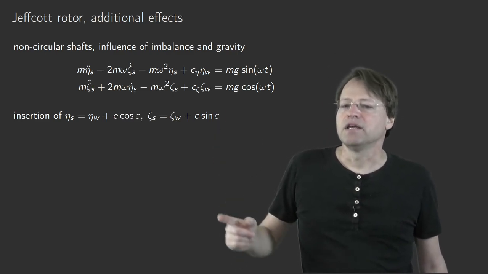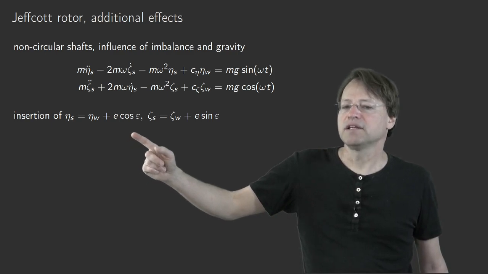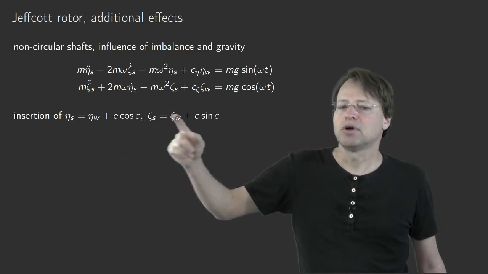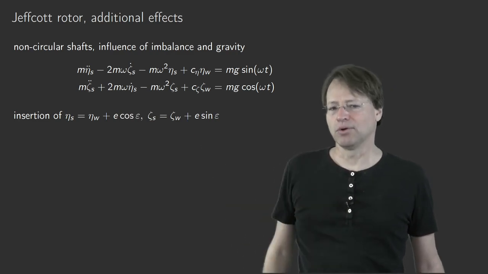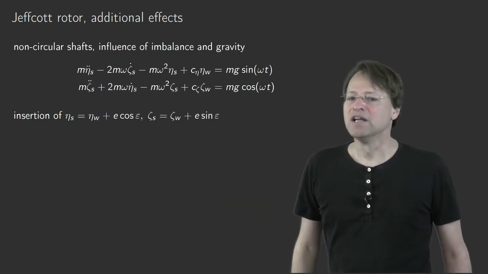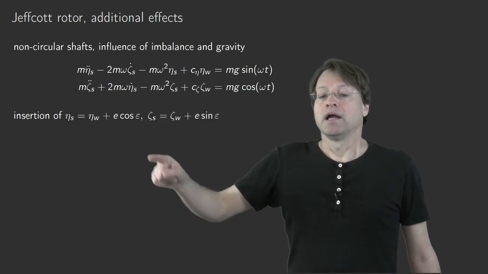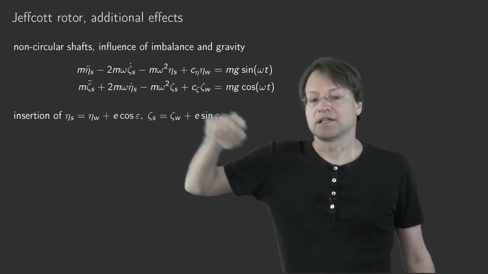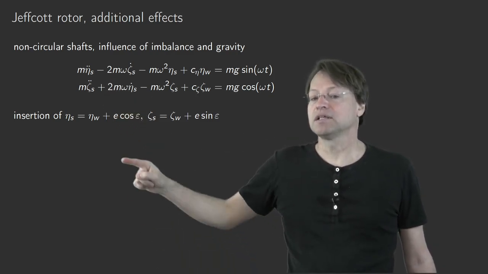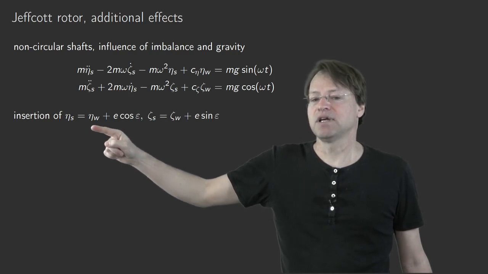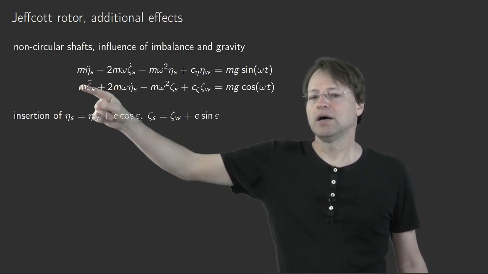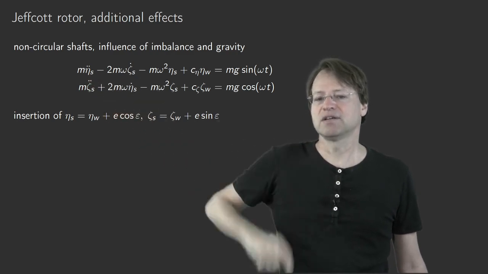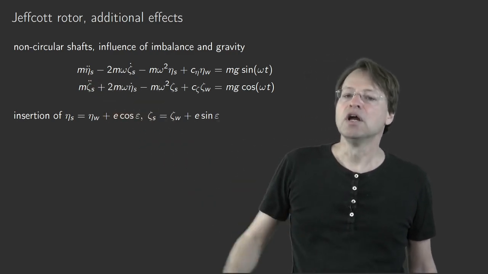But if we take the second derivative of that expression, the last term will always drop out because it's time-independent. Same, of course, for the first derivative. So it's simply an exchange of the index here, because the only quantities on the right-hand side that are time-dependent are eta w and zeta w. So you are allowed to just change the indices for the second and first derivative.